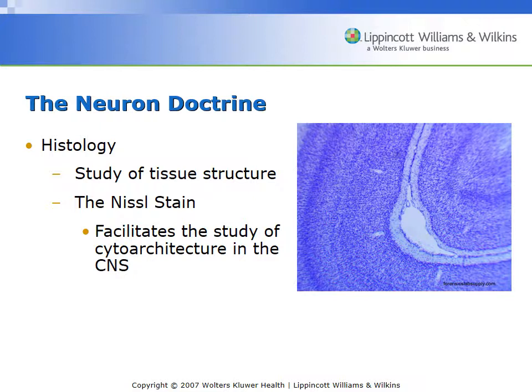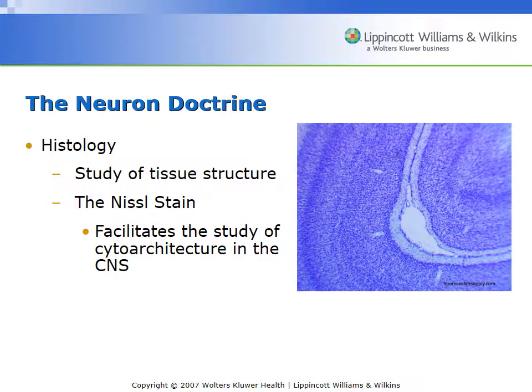But why? Because freshly sliced brain tissue is, for practical purposes, transparent. There is very little contrast between cells, and it's useless when we just put it under a microscope.